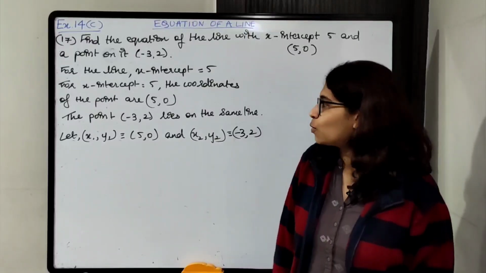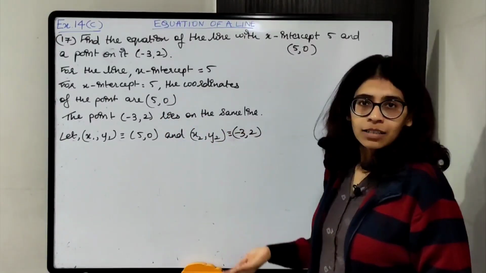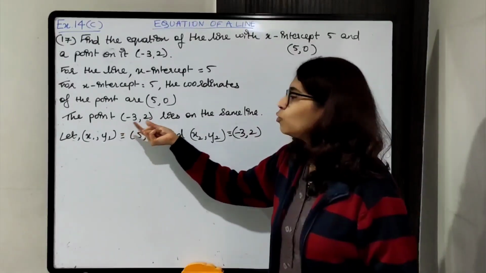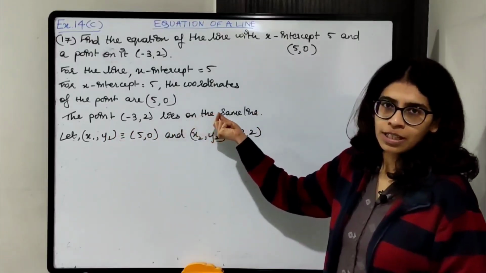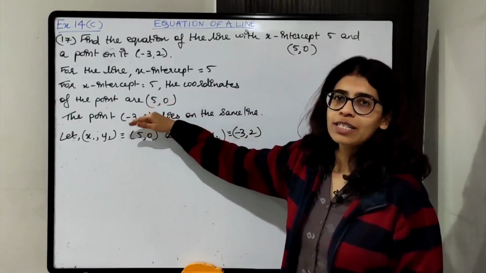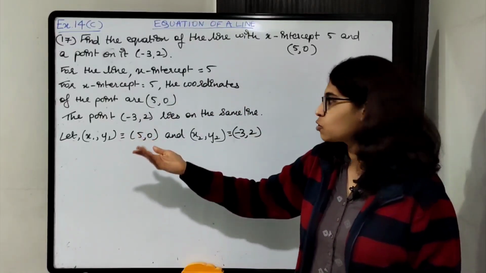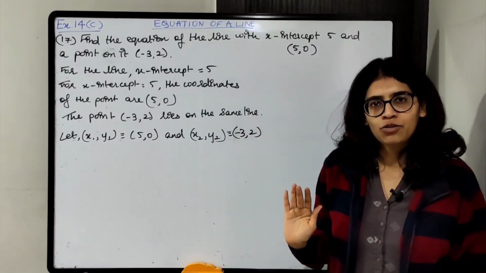Okay. So this will be the coordinates of that point. And there is another point minus 3, 2 which is lying on that line. So you will write down the statement, the point minus 3, 2 lies on the same line. We will just name the points as x1, y1, x2, y2. So I have taken 5, 0 as x1, y1 and minus 3, 2 as x2, y2.